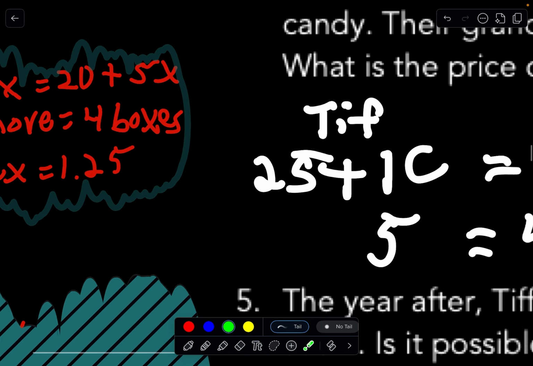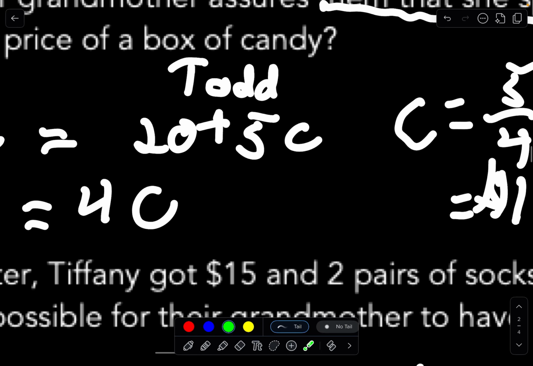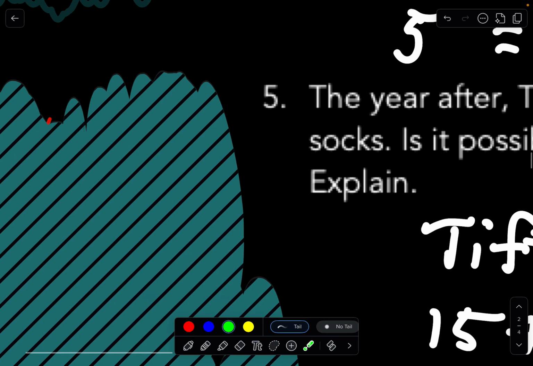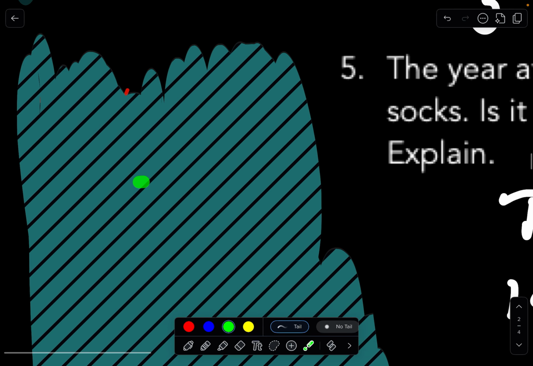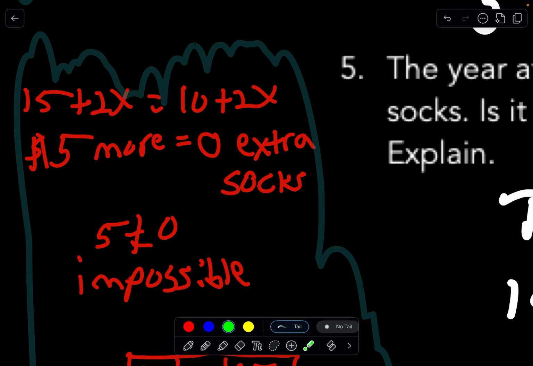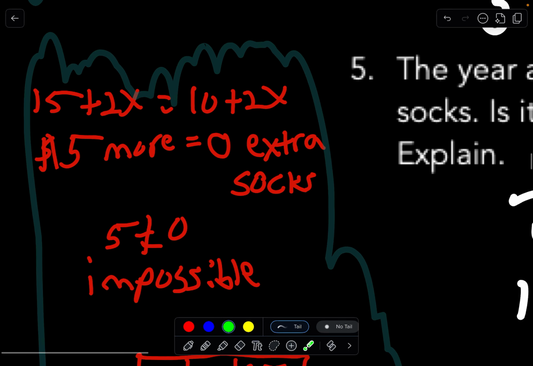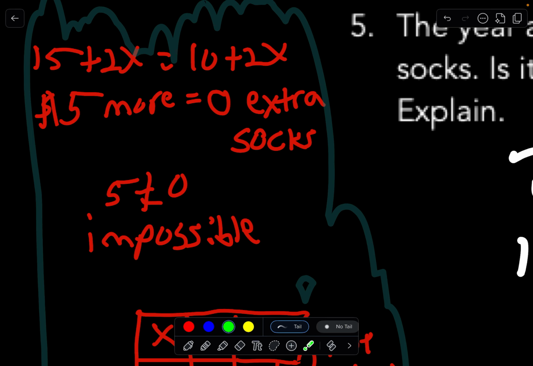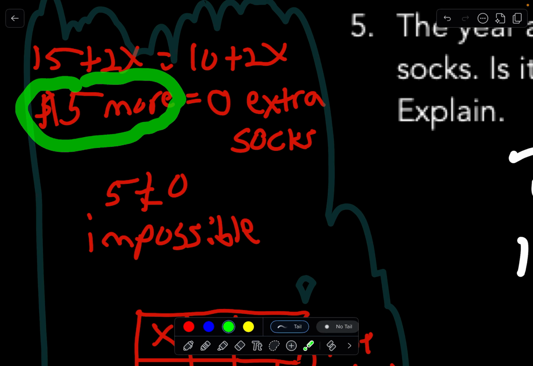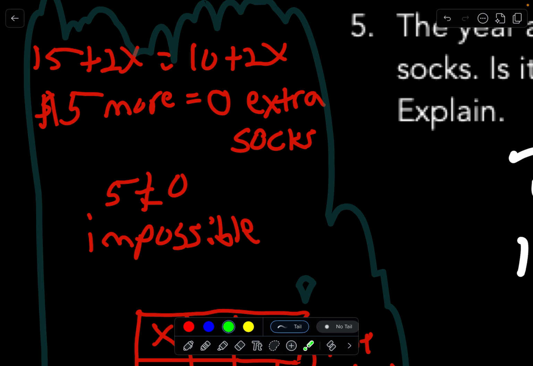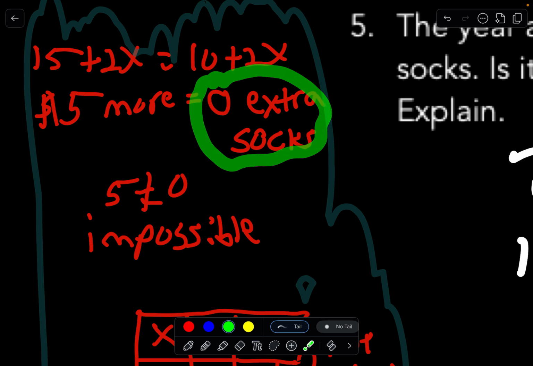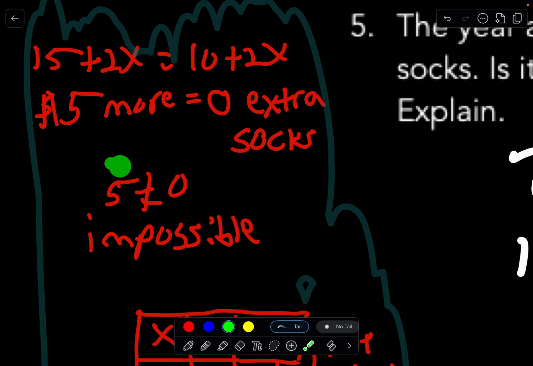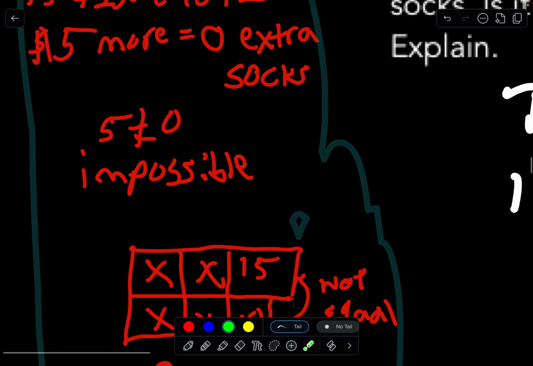The year after is 15 plus 2x equals 10 plus 2x. Well, obviously, there's $5 more on the left, but they have no extra socks. So the left side is always $5 more than the right. It's impossible for them ever to be equal.